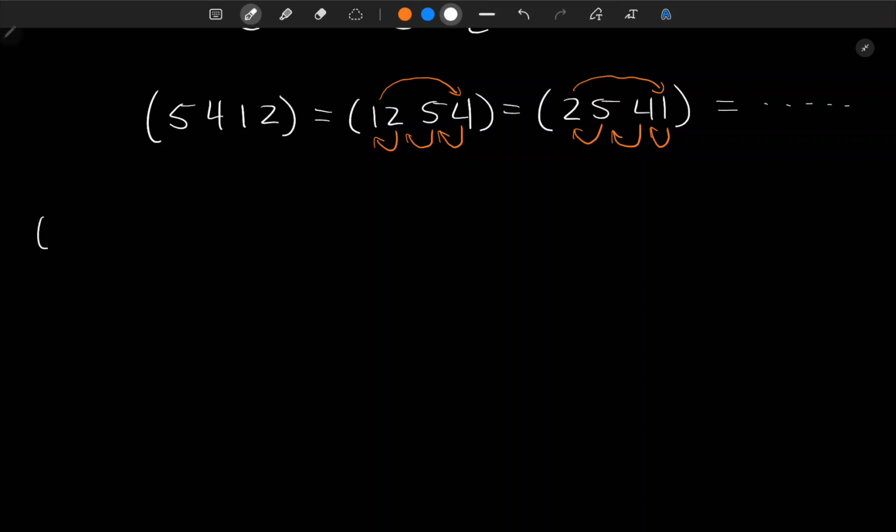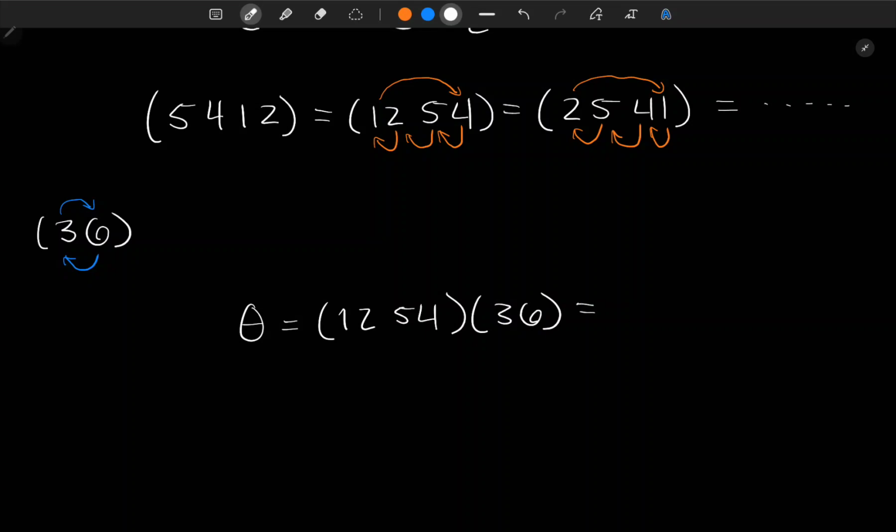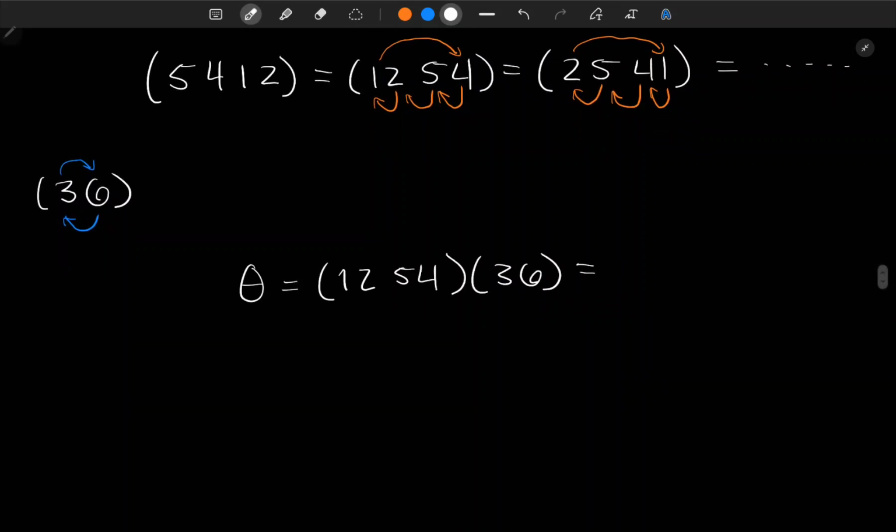So this can be represented as (3, 6). So theta in total can be written as (1, 2, 5, 4) times (3, 6). And you can also rearrange the order of this, so it could be (3, 6) times (1, 2, 5, 4), and that doesn't matter.